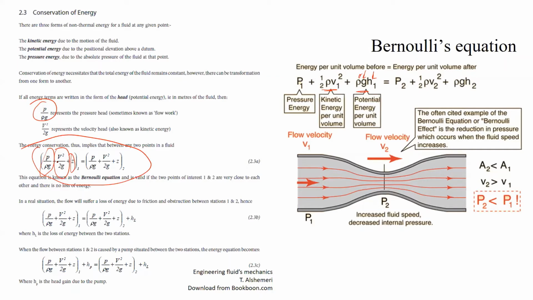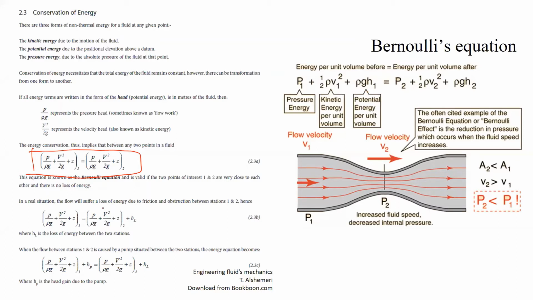Potential energy can be represented with the elevation from a datum. So if this is the datum, the potential energy is represented by z1 and here z2. So we can write this equation. This is the Bernoulli equation. It should be equal, but in real situations they are not equal.